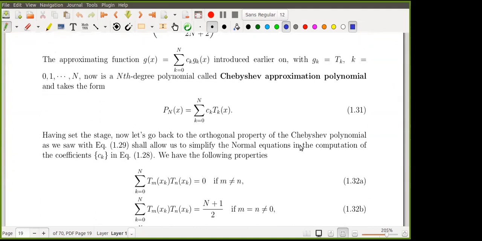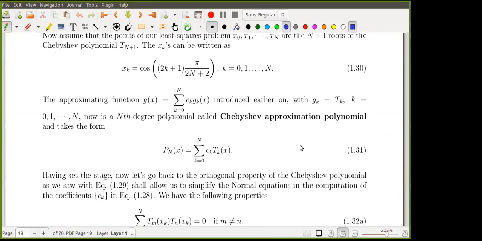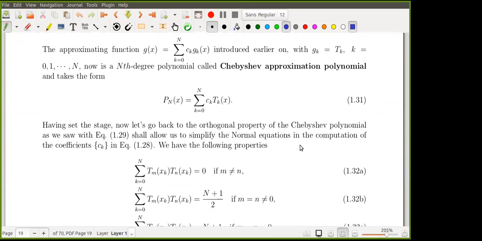Okay, back to the least square problem, because remember I introduced the least square problem where the intention was to fit an expression of this form to a set of data points, where the g_k were elements of a vector, I mean the basis of a vector space. And we saw that if the g_k's are orthogonal or orthonormal, the least square problem becomes simple to solve.